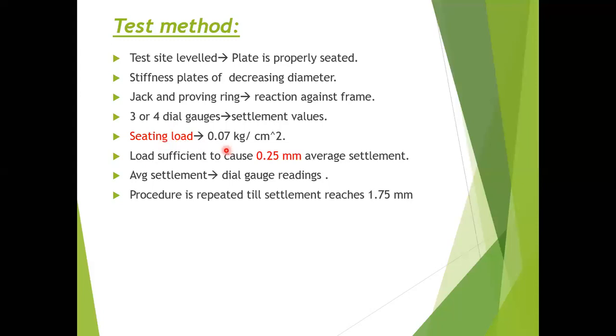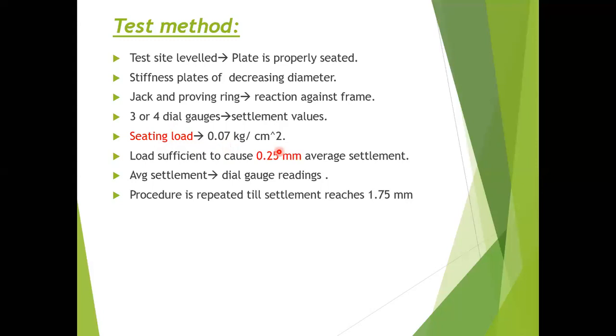That seating load is 0.07 kg per centimeter square. That much seating load you apply, and after some seconds, usually 10 seconds, you release it and measure the settlement. Usually at times the settlement will be zero.